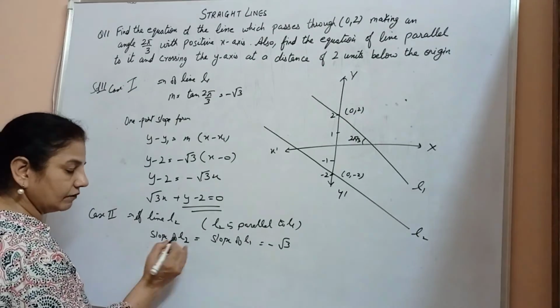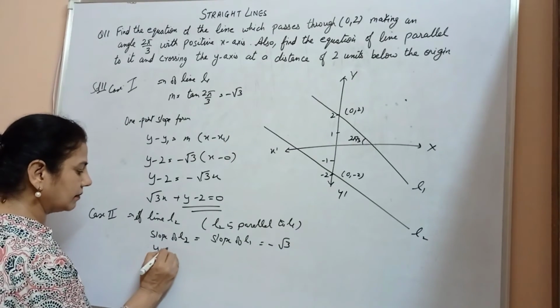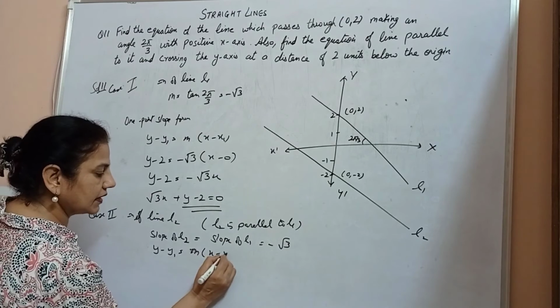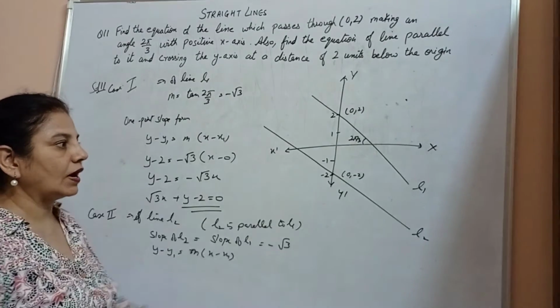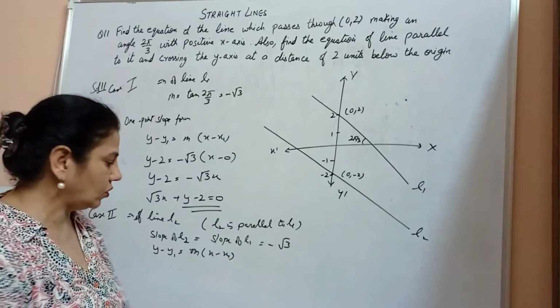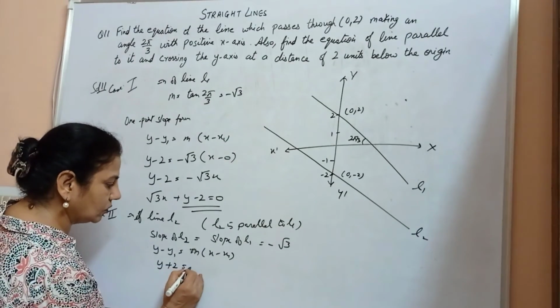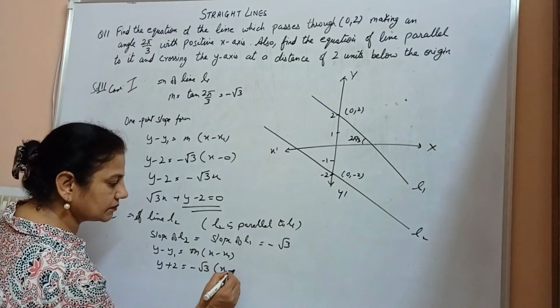So we say one point slope form is y minus y1 is equal to m times x minus x1. Substitute the value y as minus 2 and x as 0. We get y minus of minus 2, means plus 2, is equal to slope minus root 3 times x minus 0.